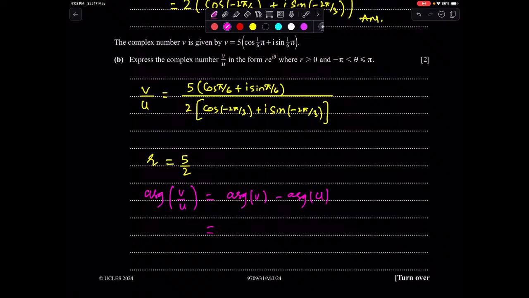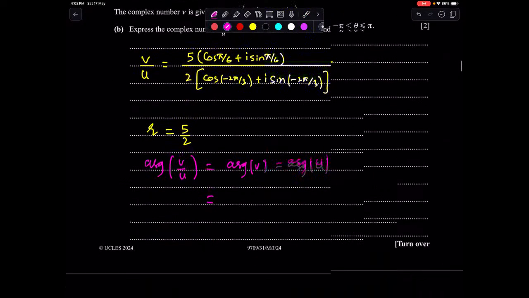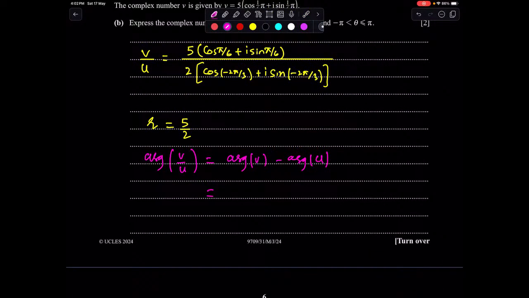We have argument v, it's pi/6, and argument u is minus 2 pi/3.